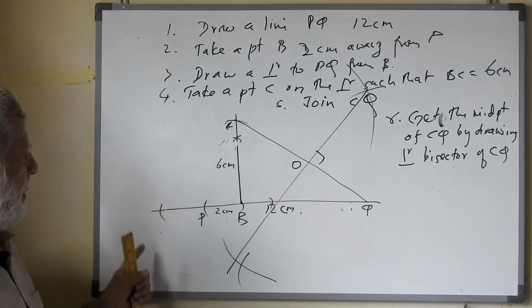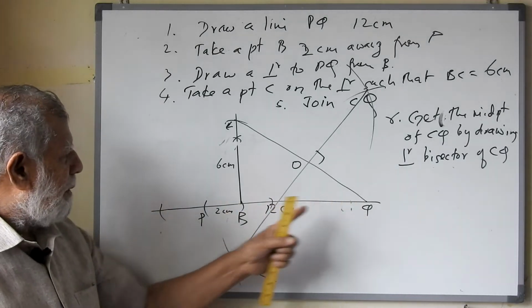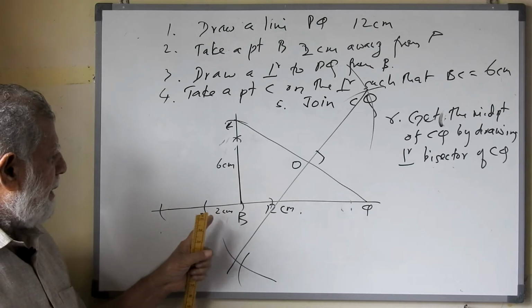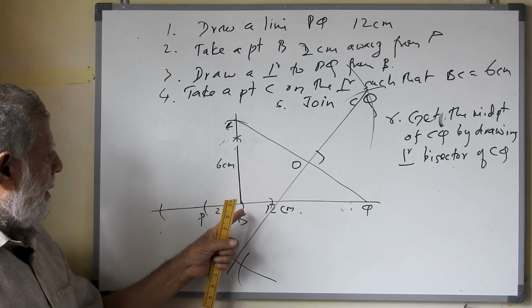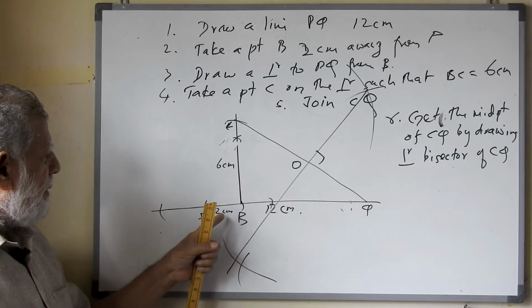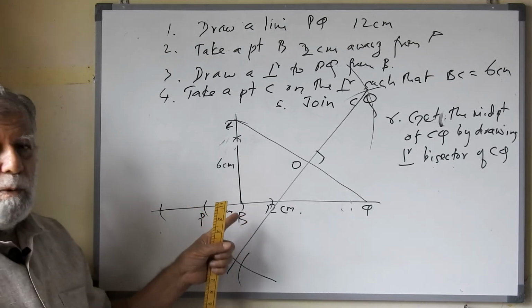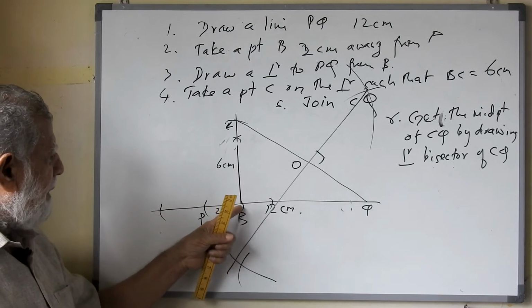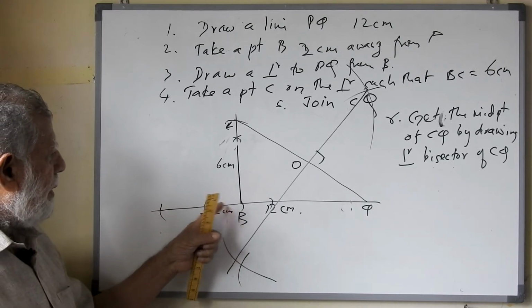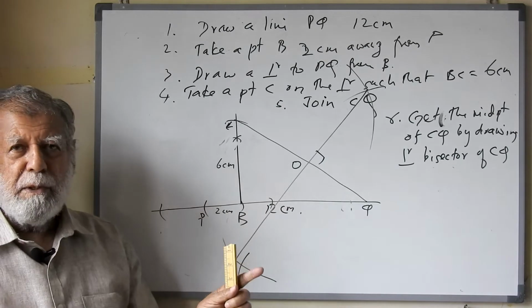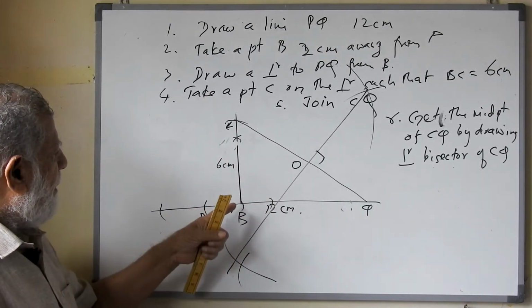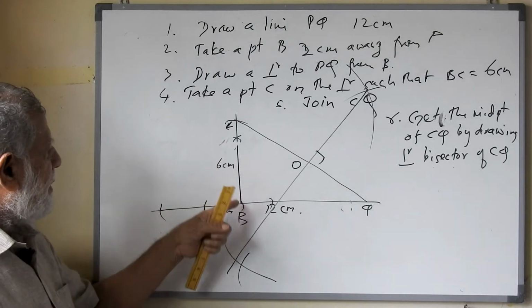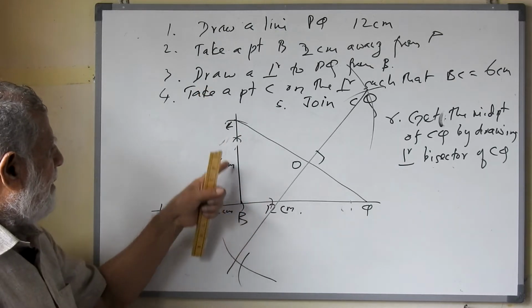So up to now, what did we do, children? First of all, we drew the line PQ. Then we took 2 centimeters from P and called the point B. This point is 2 centimeters from P. Then we drew a perpendicular from B to the line PQ. That is drawing a perpendicular from a point on the line. After that, we have to get the point C on the perpendicular, 6 centimeters away.